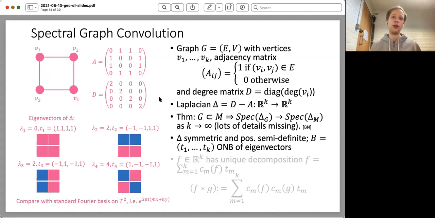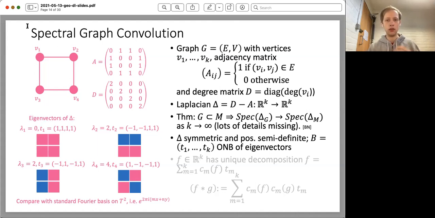But what we do need is the following. We have our delta, and one can check that it's a symmetric and positive semi-definite matrix. So as such, it has an orthonormal basis of eigenvectors, T1 to Tk. In the case of this little square graph here, the eigenvalues are 0, 2, 2, and 4, and these eigenvectors are written here.